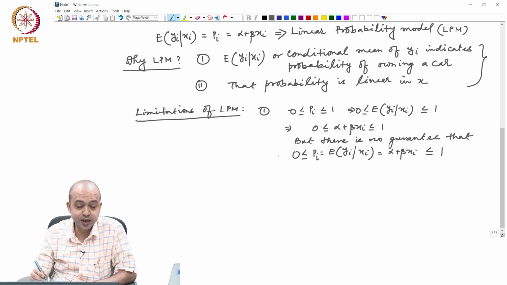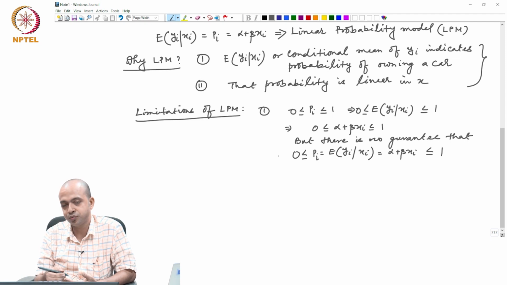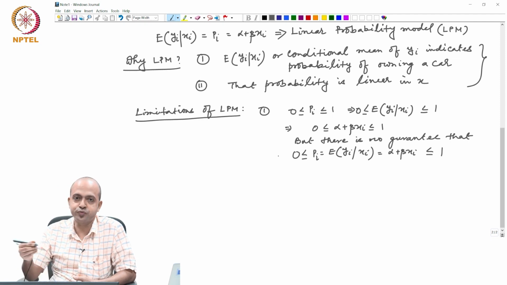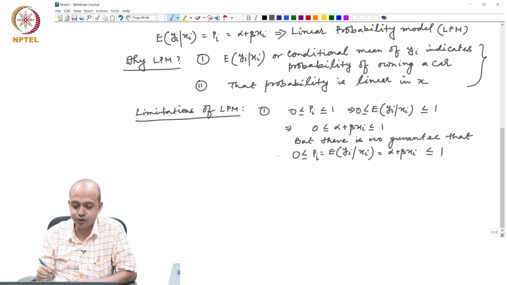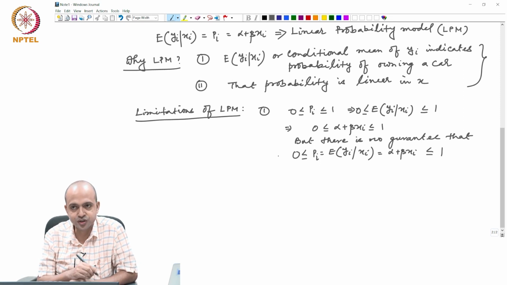If that is the case, you are violating the properties of probability. Your estimated probability may be 1.56, which does not make any sense. That is the limitation of the linear probability model.